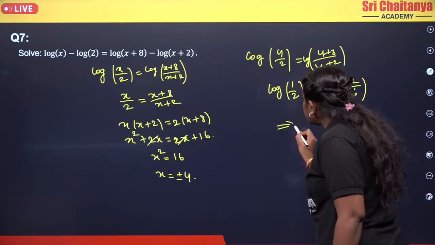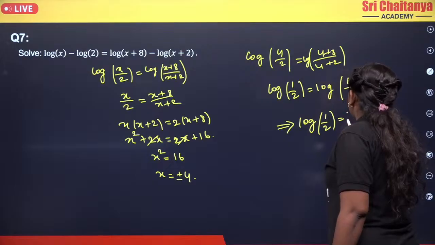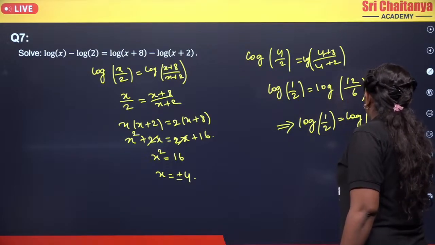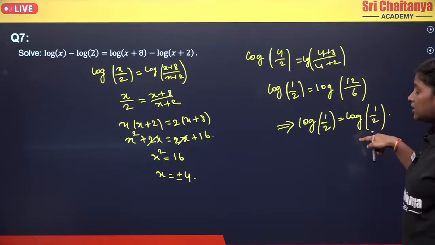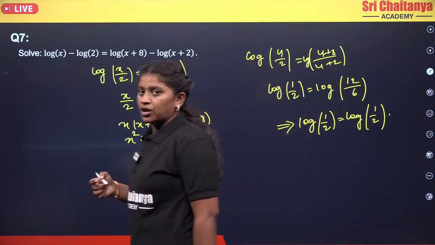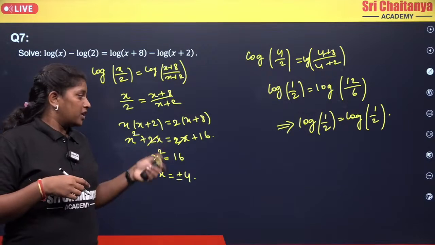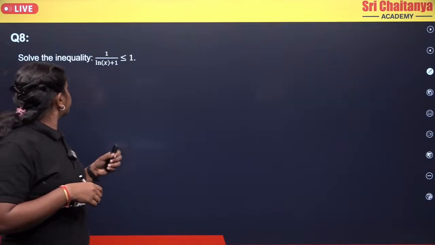So upon further simplification, we will be getting log of 1 by 2 equals log of 1 by 2. Okay. So here the given logarithm satisfies for the value of plus 4. So our x value will be plus 4. Okay. Now moving to the next.